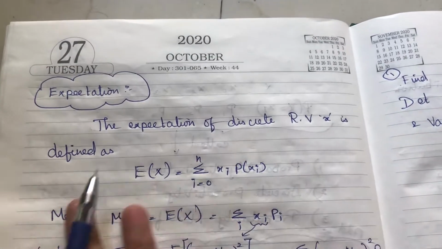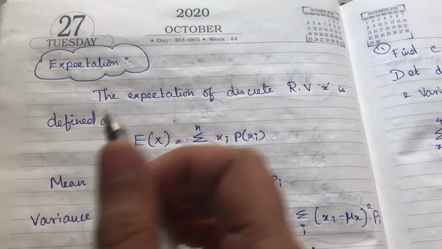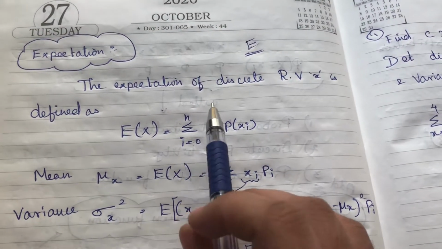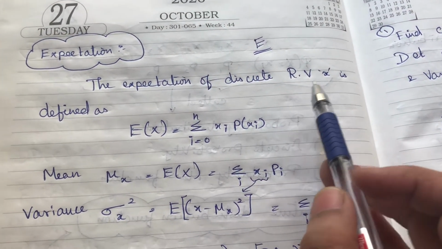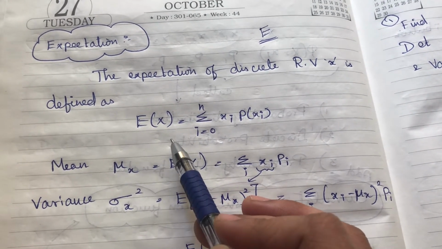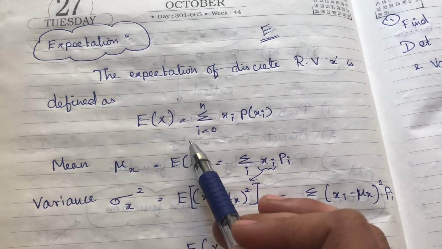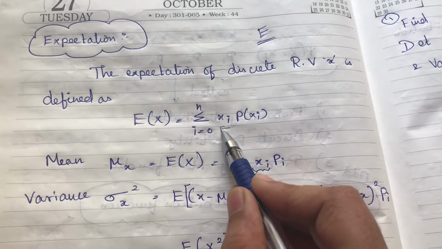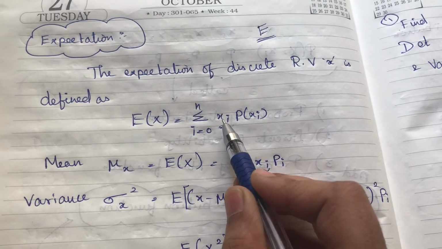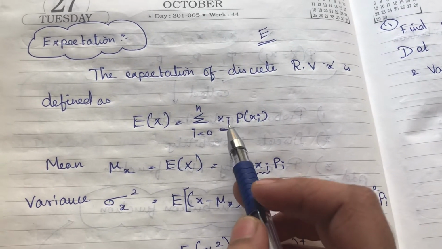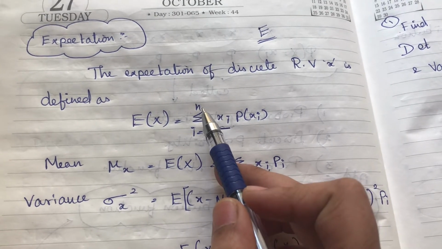Next comes the expectation, E. The expectation of a discrete random variable x is defined as the summation, but here we add a term: x into p of x. Just remove these i's, because i is nothing but 0 to n.